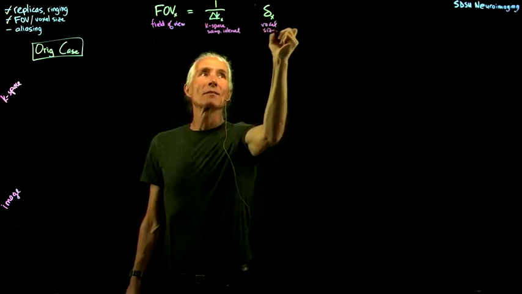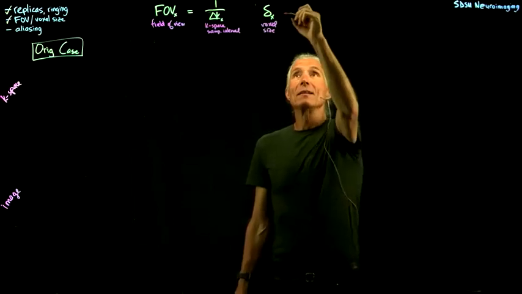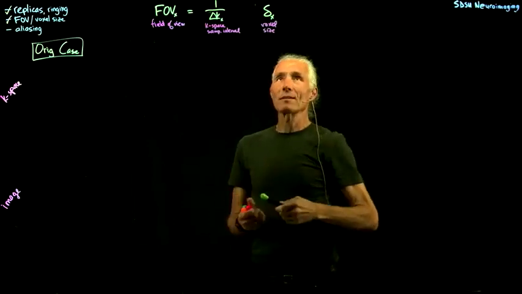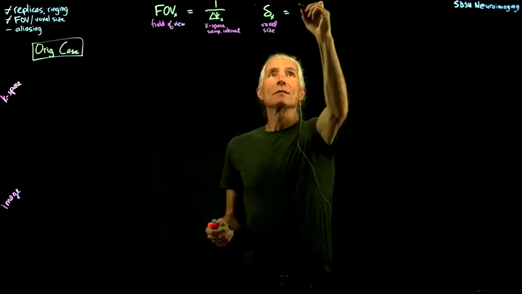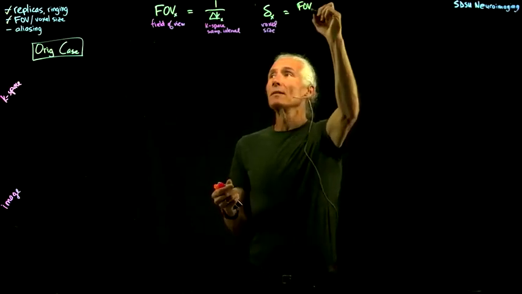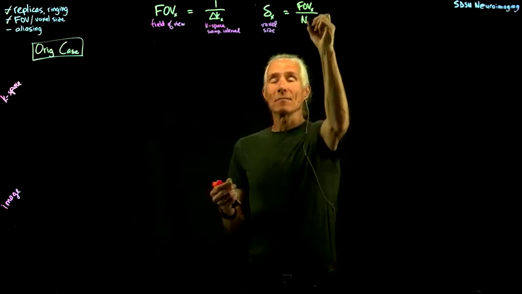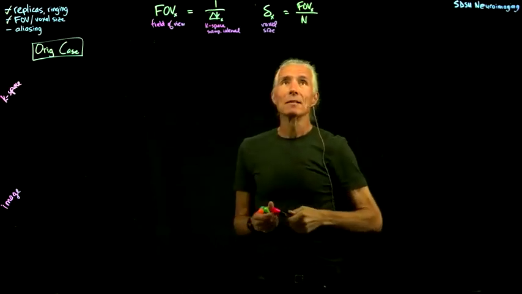So what's the voxel size? The voxel size is obviously just the field of view divided by the number of voxels. So this is whatever the field of view was in centimeters or meters or millimeters divided by just n. And n is just the number of voxels.